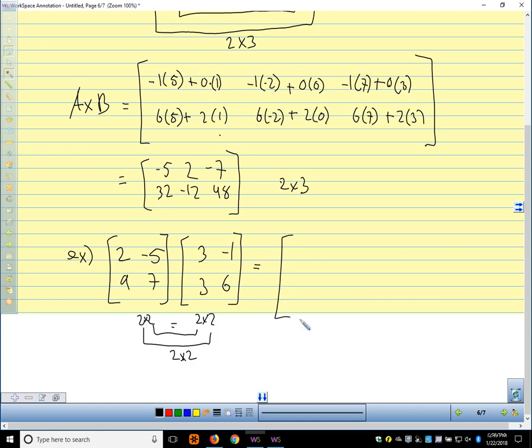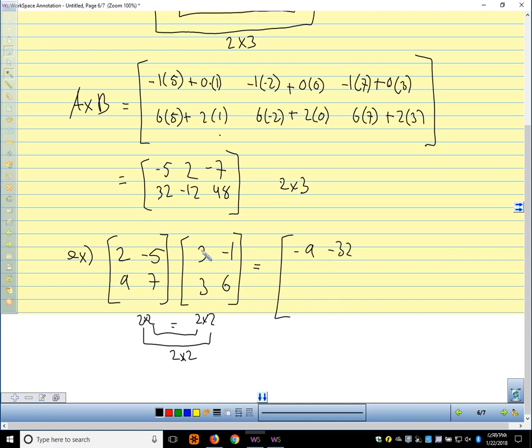So the way that I usually do this is, like Aiden said, just do it in your head. First row, first column, 2 times 3 is 6, minus 15. 2 times 3 is 6, negative 5 times 3, negative 9. First row, second column, negative 2, minus 30, minus 32.